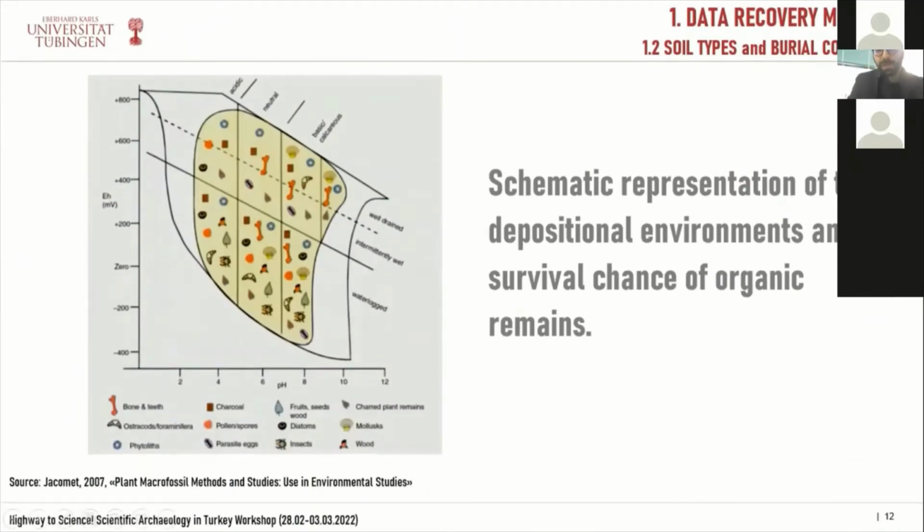Here you can see a basic schematic representation of the different depositional environments and the survival chance of organic remains. Here, as I described, waterlogged environments are better than drained or dry environments, basically.